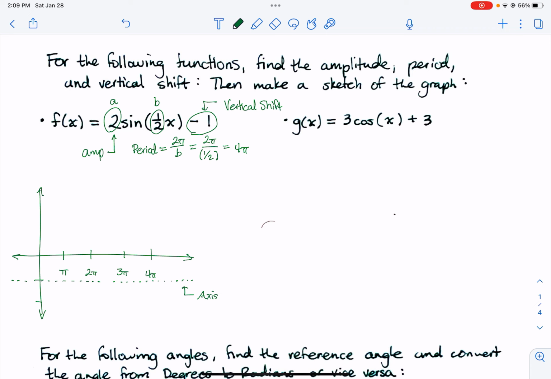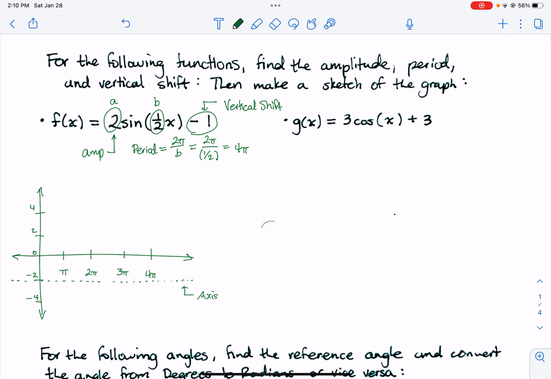So let's go ahead and scale this coordinate system here. Let's call this -2, and then this -4. This is at 0, that's at 2, and that's at 4. And now let's just plug in some values, right?